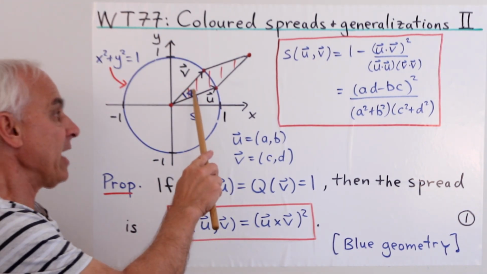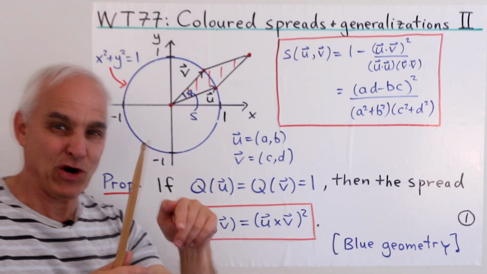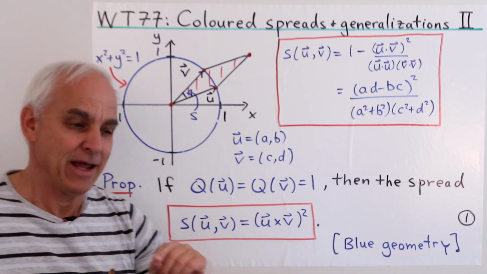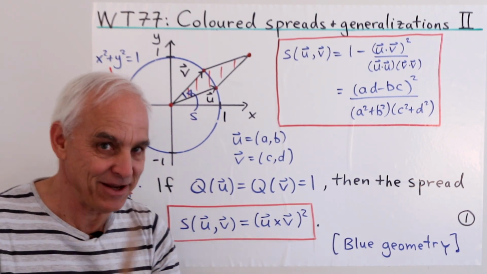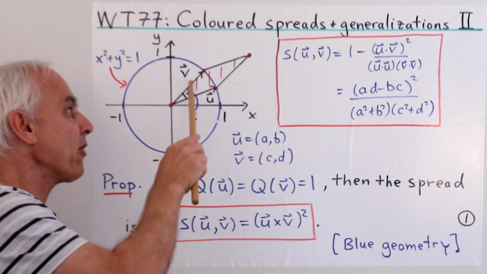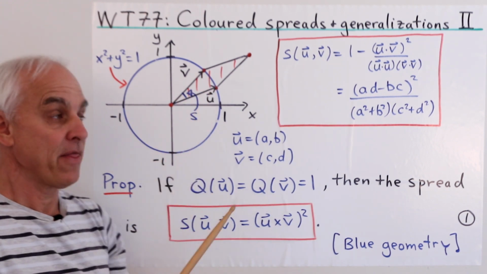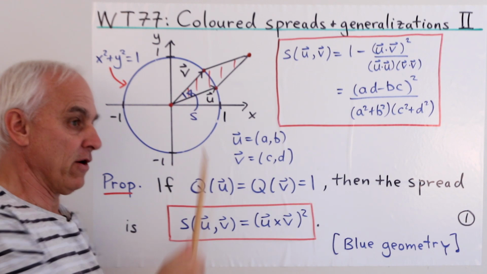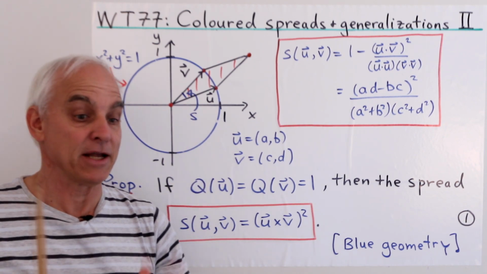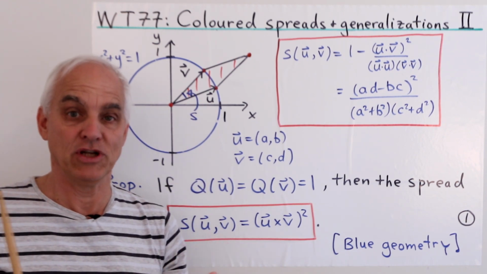But crucially, the angle depends on a curved region. Okay? It's much more problematic, actually, to calculate the area of such a circular arc than it is to calculate the area of a parallelogram. It's like the difference of night and day. Huge difference.